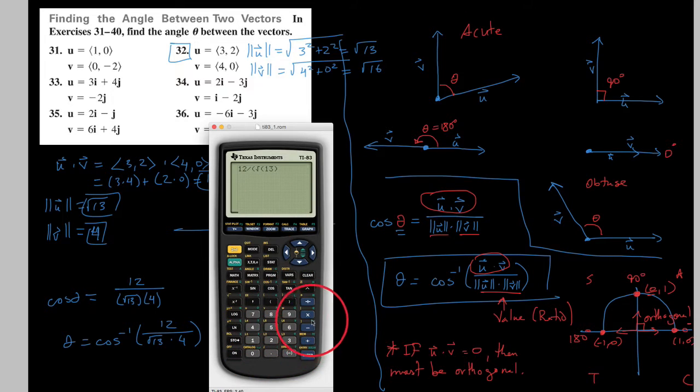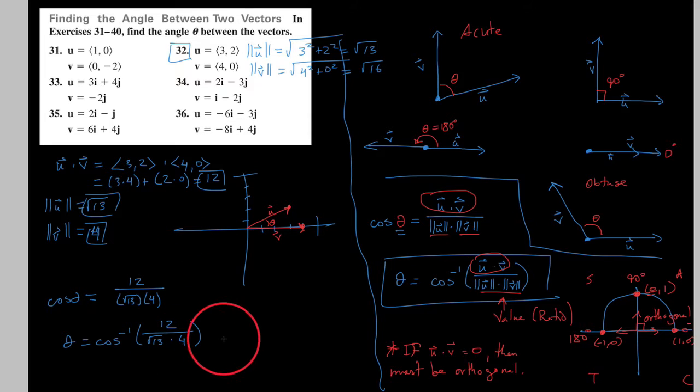So the square root of 13 times 4, and I'm going to have to put an end parenthesis on this because I want to divide 12 by both of these things multiplied together first. So what I get is this decimal here, and then I'm going to take the cosine inverse of that entire last answer. And so something neat happens here. As a matter of fact, we get about 33.7 degree angle.